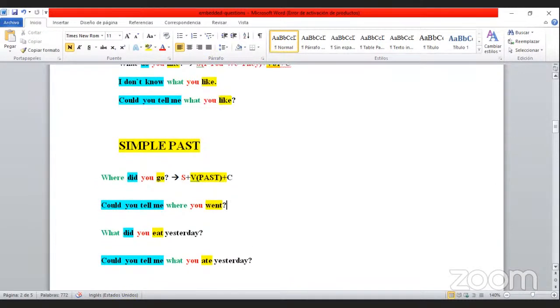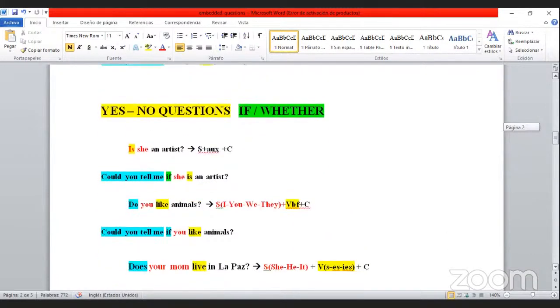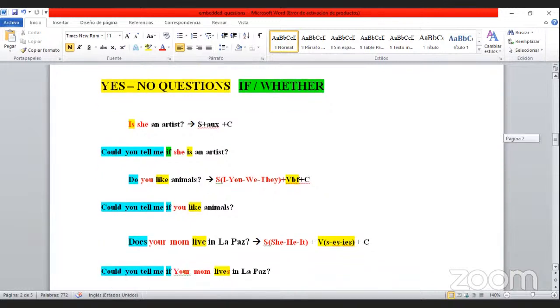Great. So until here, with WH questions, is it understandable? Yes, yes, yes. Very good. Okay, so after this, what do we have? Yes, no questions, when we start with an auxiliary, for example, in verb to be, here, is she an artist? We don't have a WH here. So the same happens. We have to convert all of these questions into affirmative: subject, auxiliary, complement.